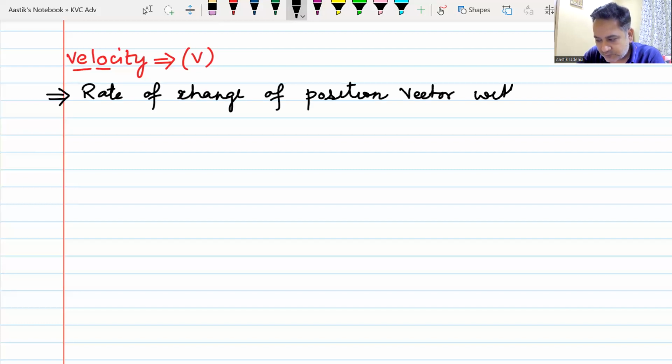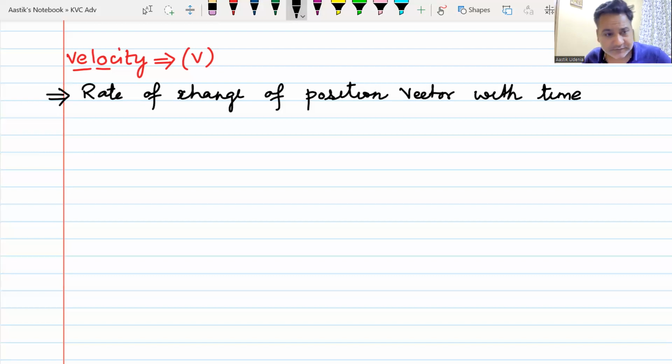It is the rate of change of position vector of the particle with time. How the particle is changing its position, or how the position vector of the particle changes with time, that rate is known as velocity.